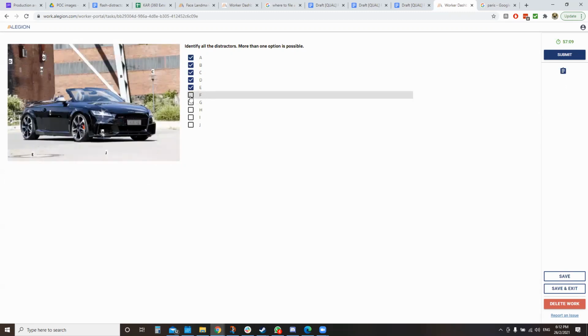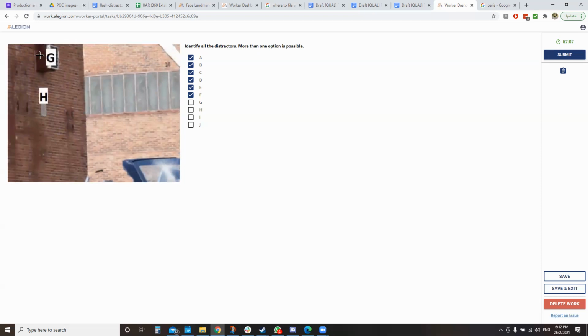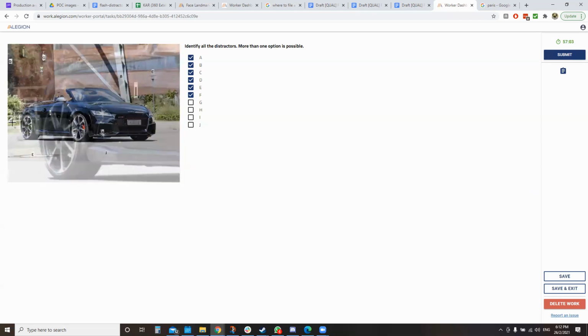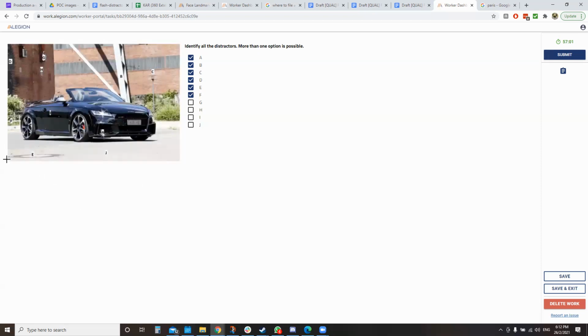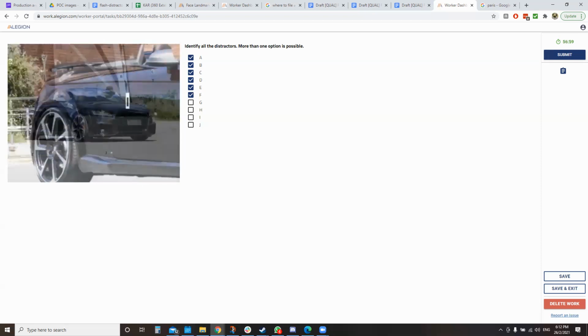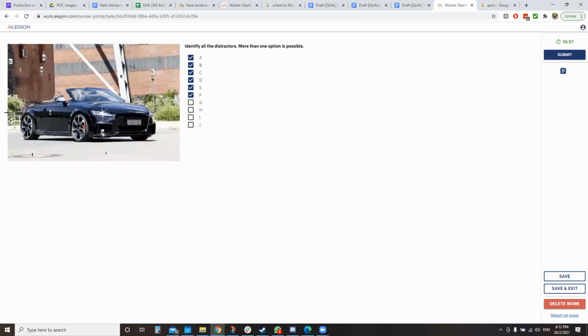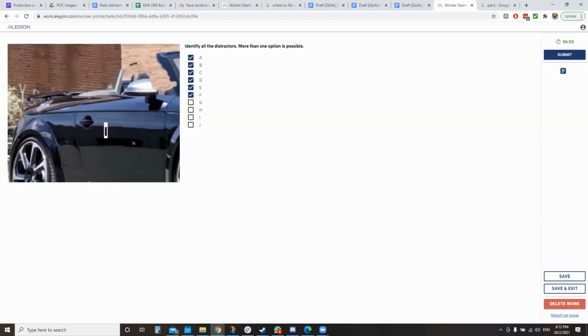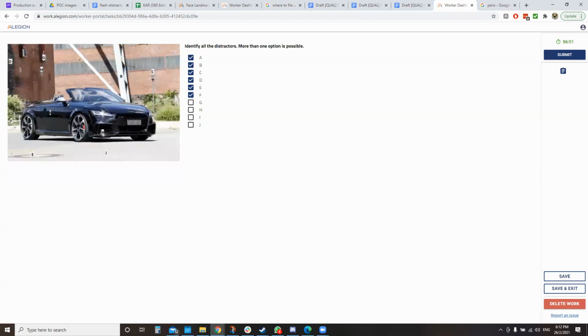So F, Shavin, F is a distractor because there are lines going which are disturbing the back view of the vehicle. Generally, there may be grills over there.